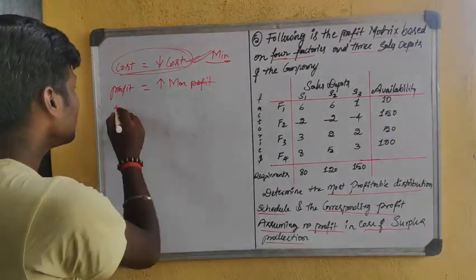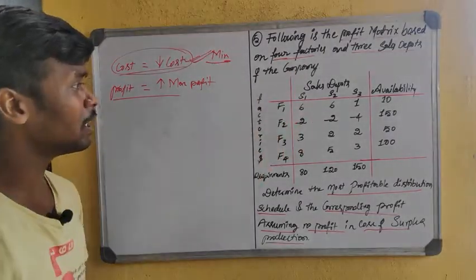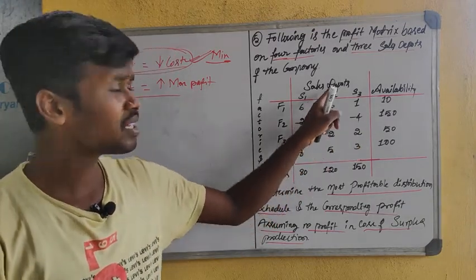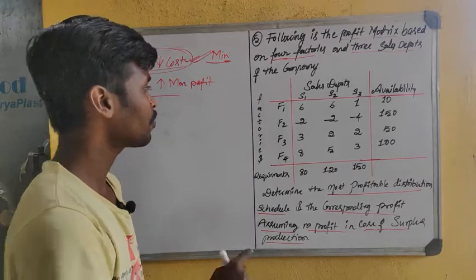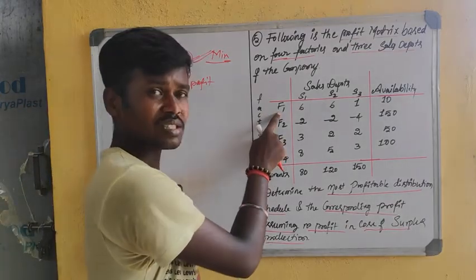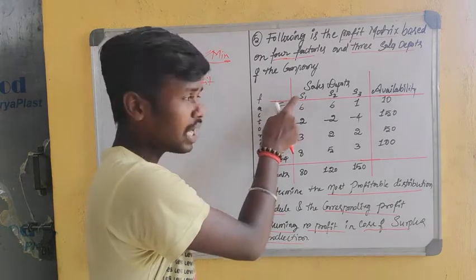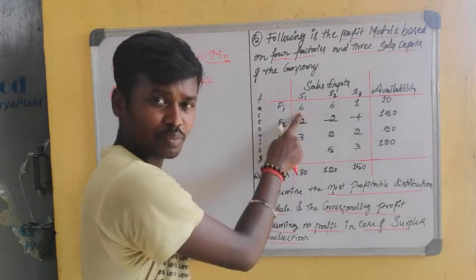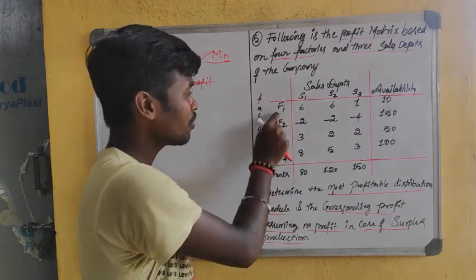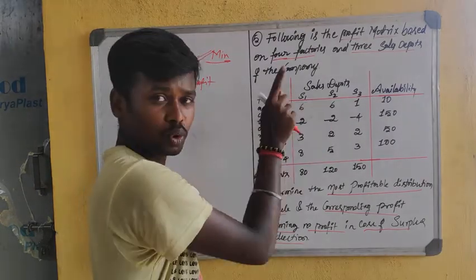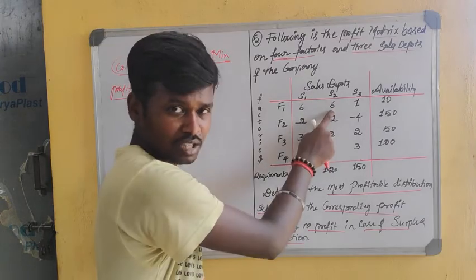In this problem they have given the profit information for the various sales depots. That means factory 1 supplies some quantity to sales depot 1 at a profit of ₹6. Similarly factory 1 supplies its products to sales depot 2 at a profit of ₹6.